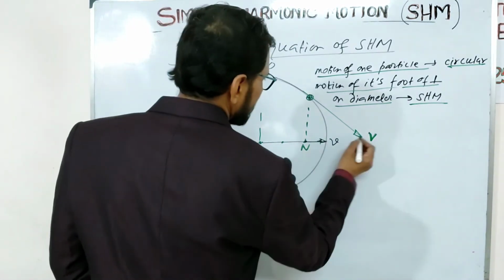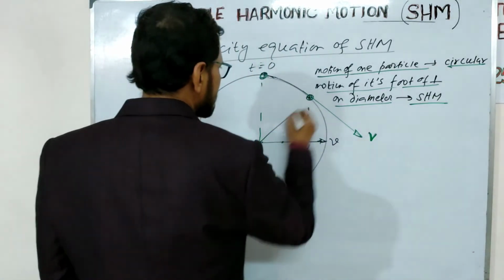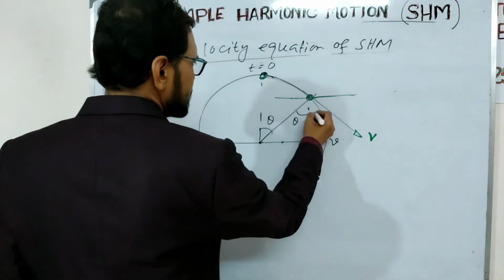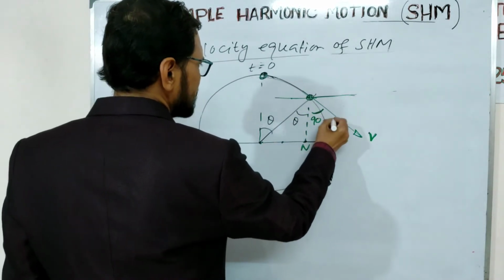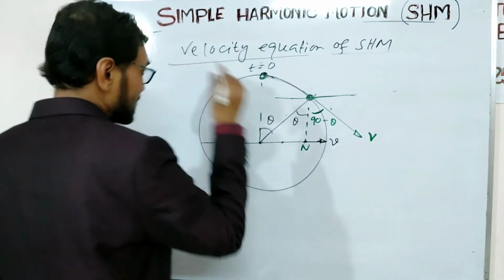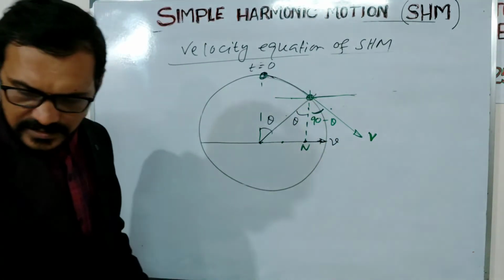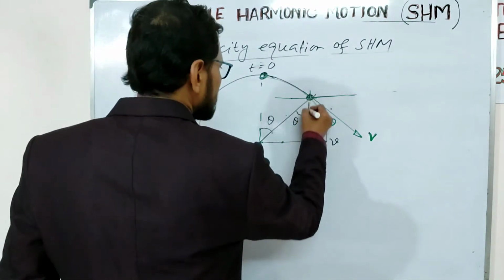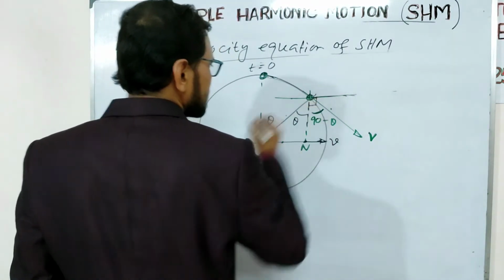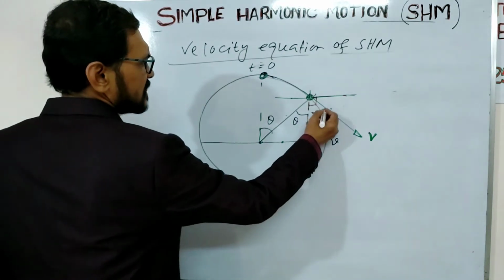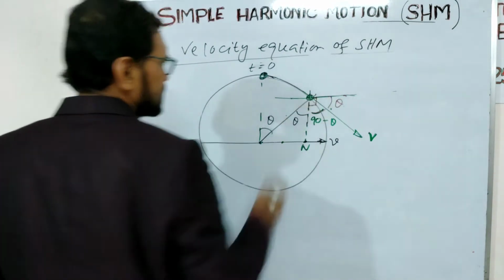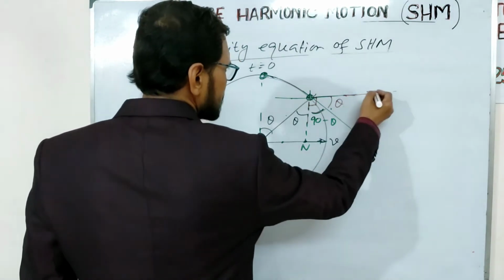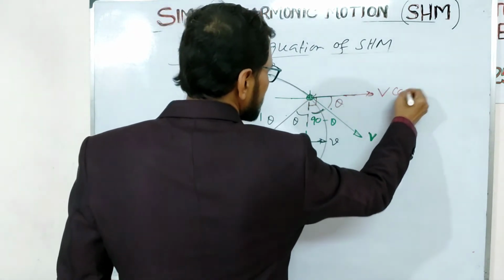If this angle is theta, then this angle is 90 minus theta, because this and this are perpendicular, and also this and this are 90 degrees, so this angle is theta. Now what is the component of the velocity along this direction? The component will be v cos theta.